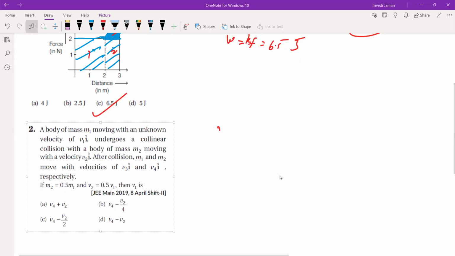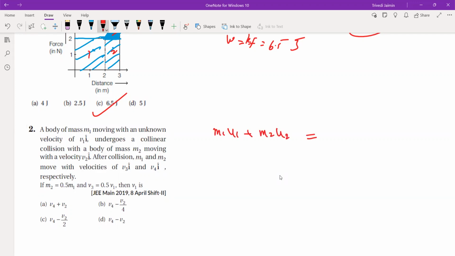Don't take much time here. And M1 here, M1 only. U1 is here V1. So M1 V1 plus I cap, don't forget.